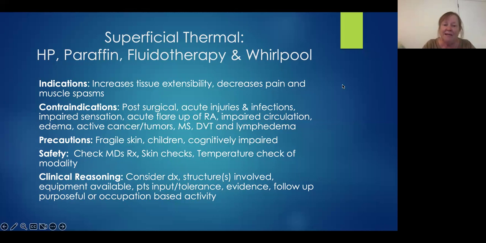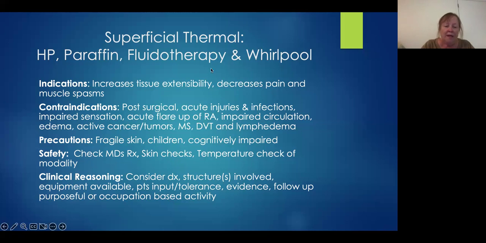So about 5 minutes into the session, you should be checking their skin. Like if I'm using a hot pack or I have the person in a whirlpool, I'm going to have them bring their hand up so I can see, is there any concerns with this person's skin when I'm doing the different modality that I'm doing.